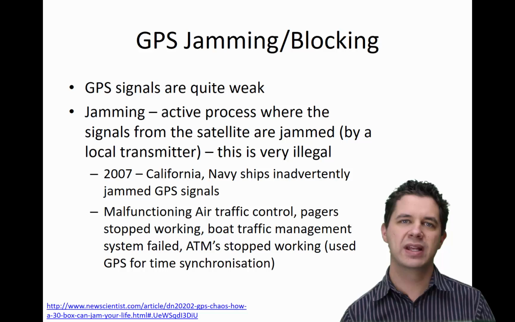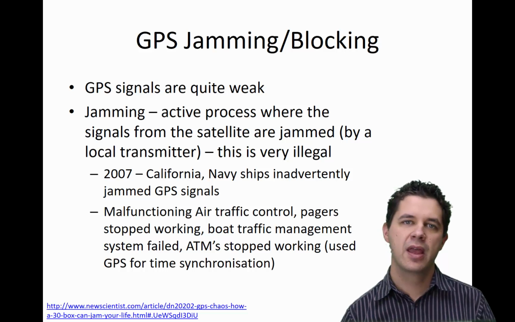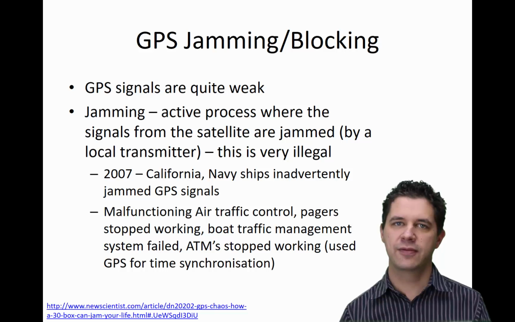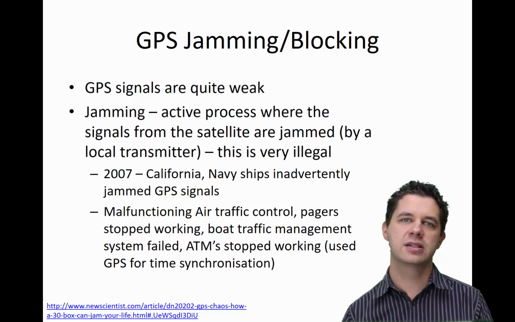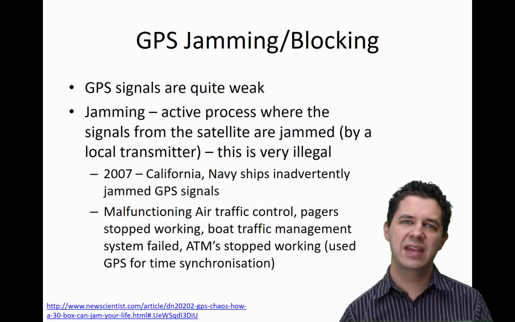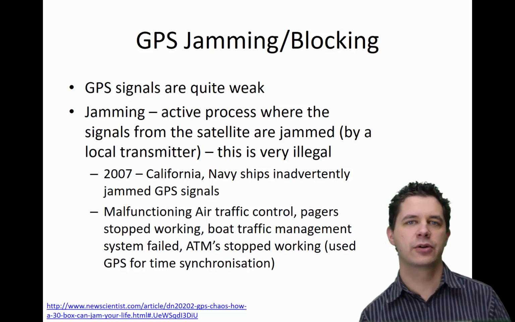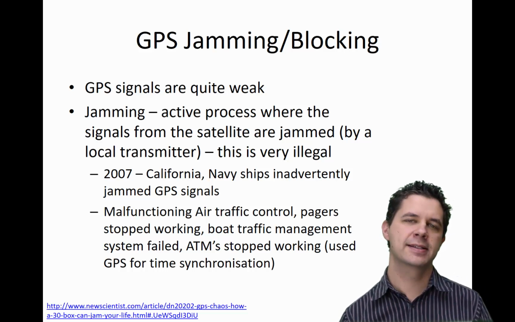So in 2007, one example is that in California, in a harbor, a Navy ship inadvertently jammed GPS signals. All sorts of problems ensued from this, including malfunctioning air traffic control systems, pager systems, around the harbour, boat traffic management systems failed, and even ATMs stopped working because they were using the GPS for time synchronization between the ATMs and the banks.